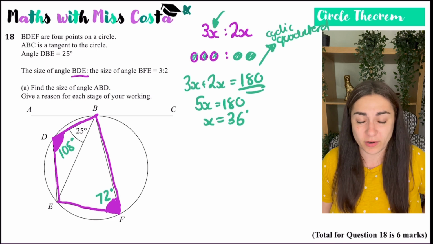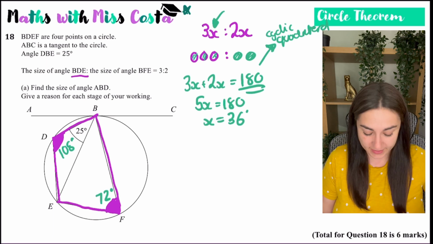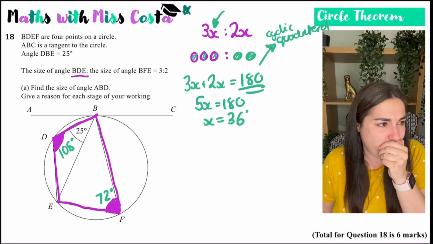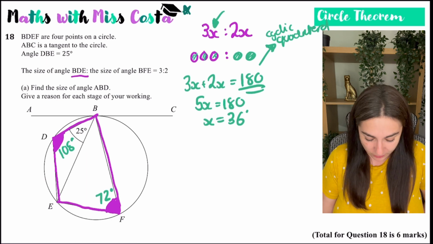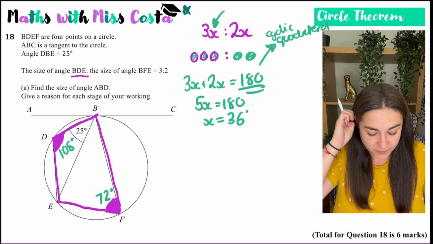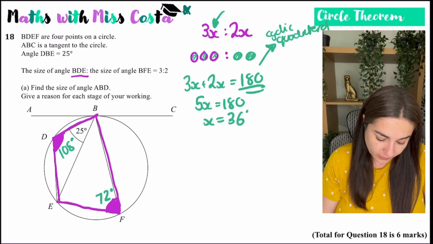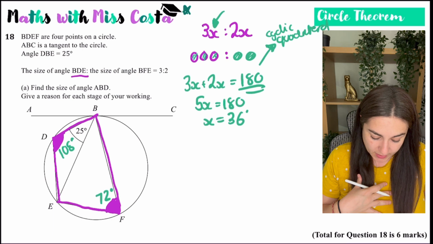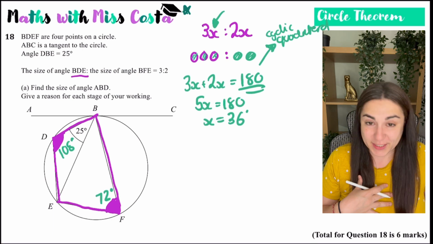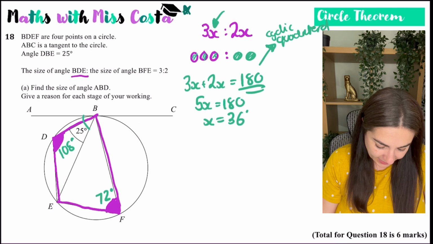Now, there are a few ways that we can go about the next part. One of them is using the alternate segment theorem. There are actually so many ways that we can do this, but let's have a look at this.